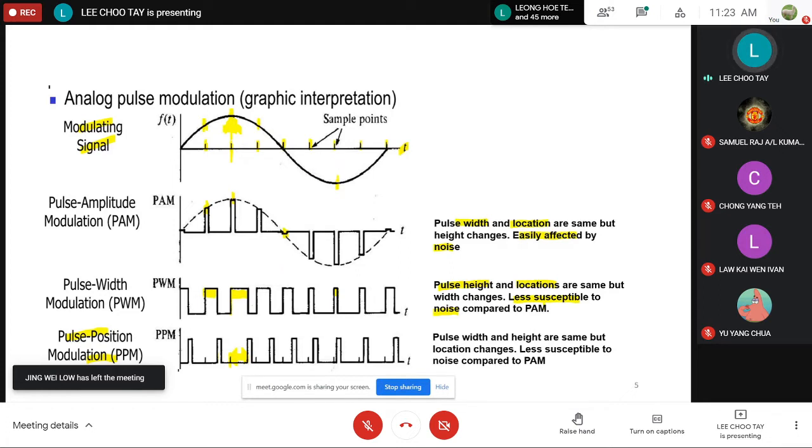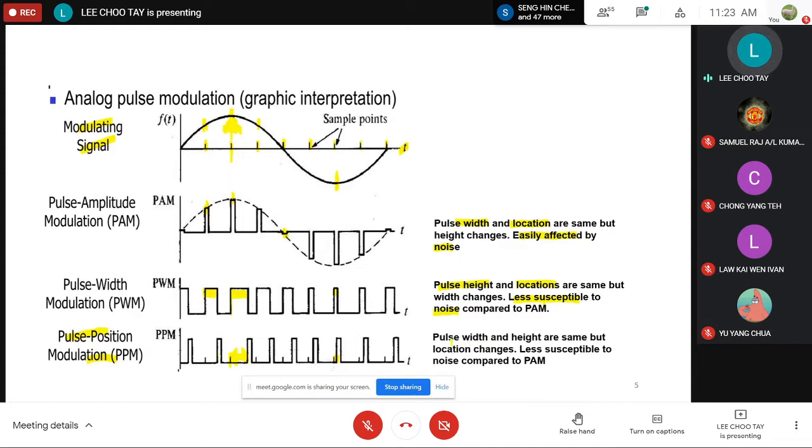And if you look at another point, which is the minimum here, where the amplitude of the modulating signal is the lowest, you can see that there is minimum delay, or the least delay, in the pulse generated.